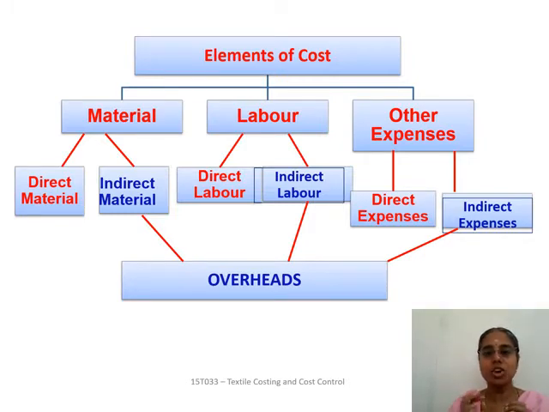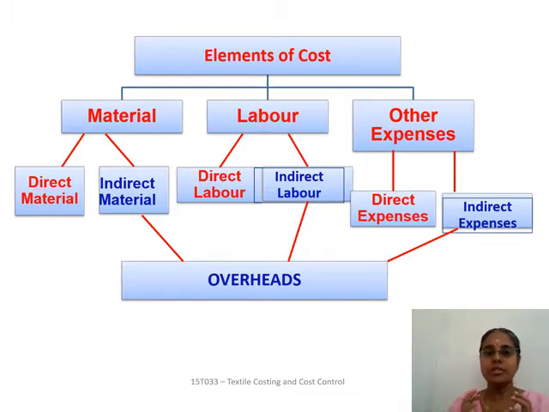A manager is common for all the people. It is an indirect labor. A material, like a lubricating oil or a sweeping broom that you get, is a material which is common for the total factory. And an indirect expense like electricity, lighting electricity, is common for the total factory.